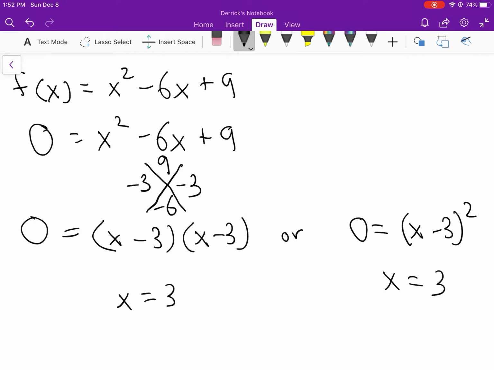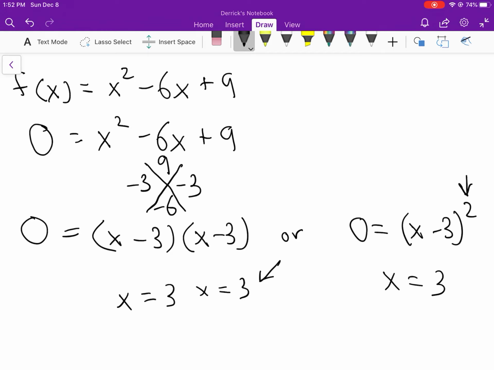Whether you solve it out twice here, or you solve it out once with that exponent of 2, you know that exponent of 2 means that you had 2 different x minus 3's. So whether you look at it as an exponent or you actually write it out, you can tell that you got x equals 3 twice.